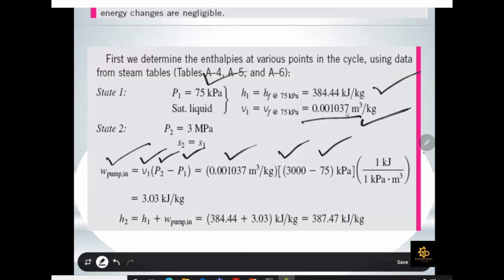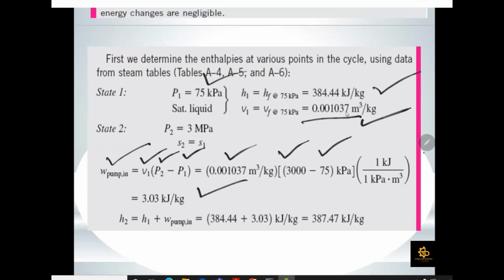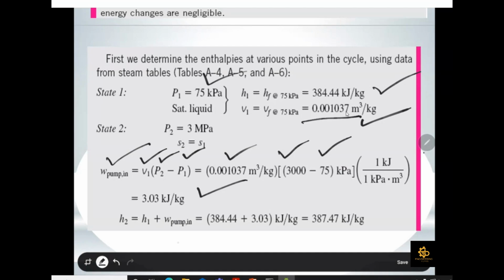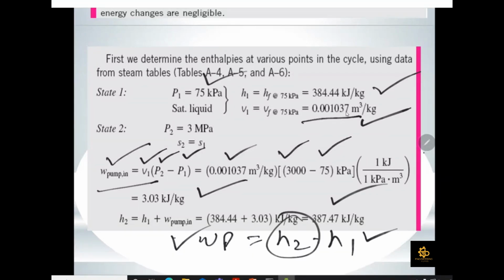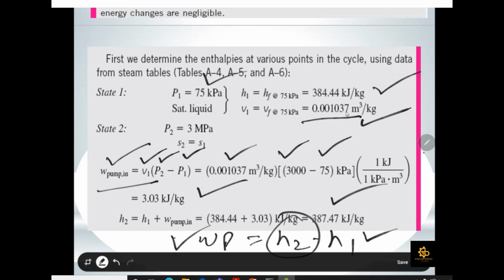Just put all the values in and you can easily find the pump work. Now we already know there is a relation that W pump in is equal to h2 minus h1. You have h1 as well, and you have already found W pump, so you can easily find your enthalpy value at state 2 by putting all these values in this equation. Till now, is there any question?